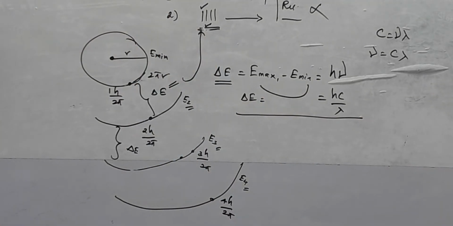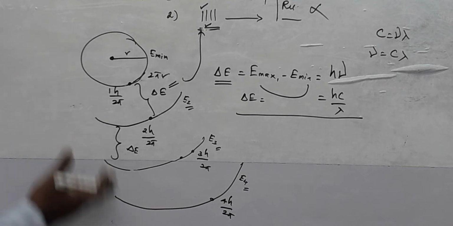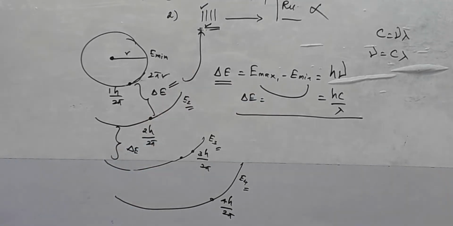That is a very, very important concept as per the hypothesis of the Bohr Atom Model. You have to be clear with the help of this explanation. If you study only from your textbook, it may not be clear for you. If you understand this concept clearly, then you can easily go through the textbook.